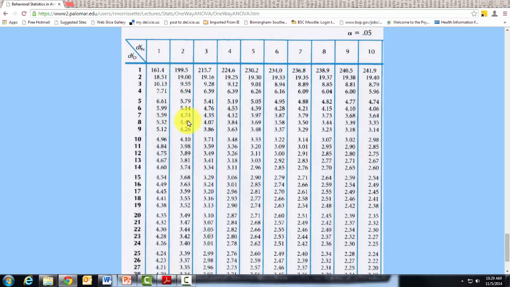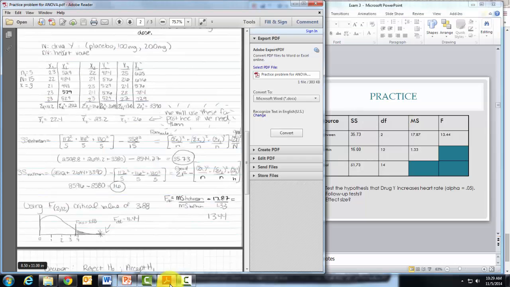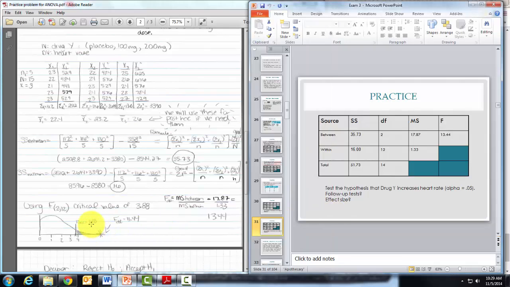So I'm going to look at 2 and 12, and this particular table tells me that 3.89 is my critical F value. And so I can draw it on my curve and then shade in the tail.